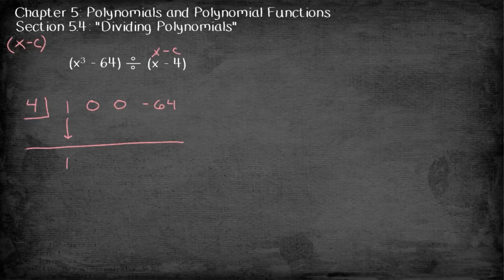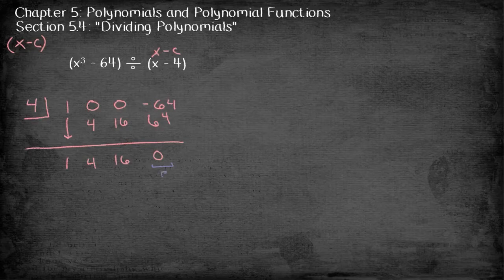Again, bring the first number down. Multiply this bottom number by 4. Then multiply this 4 by 4. We get 16. And then 16 times 4 is positive 64, which when I add together gives me 0. Right.